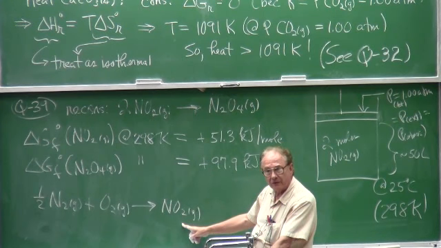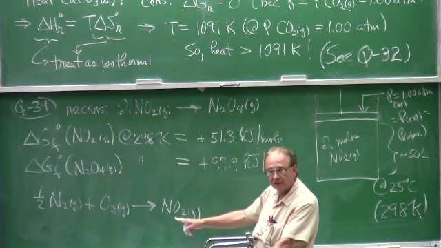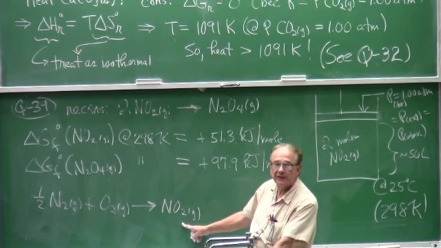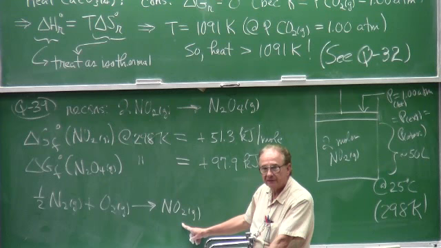But the other side of the coin is, since this converts 1.5 moles to 1 mole, all in the same phase, you might expect this to be a favorable process from a delta H standpoint, a bond improvement process. It isn't.